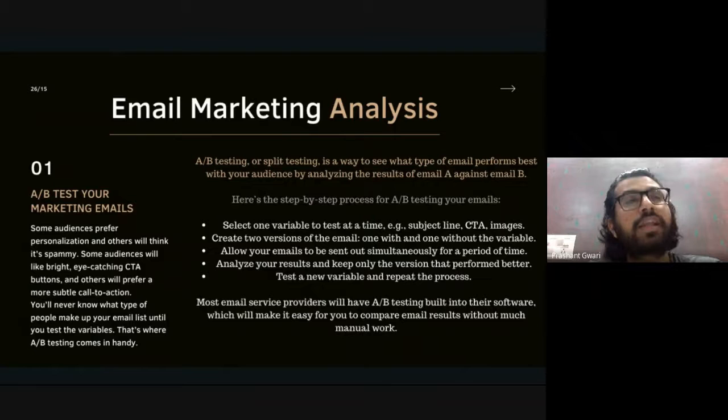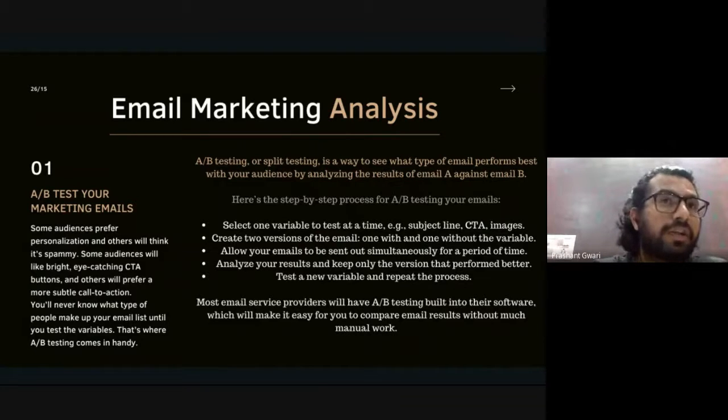Some audiences like bright colors, some like dull colors, some like different types of call to action buttons. So you never know what kind of content, subject line, image, or call to action button our audiences like.